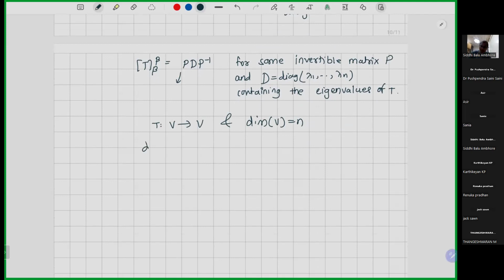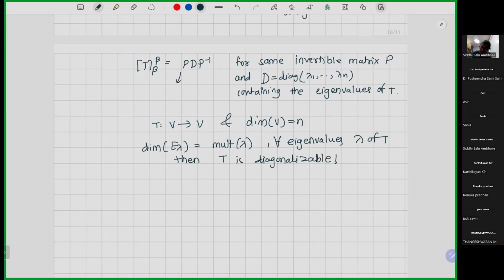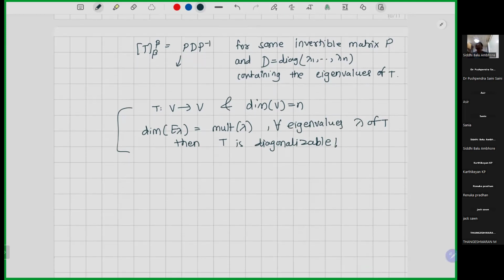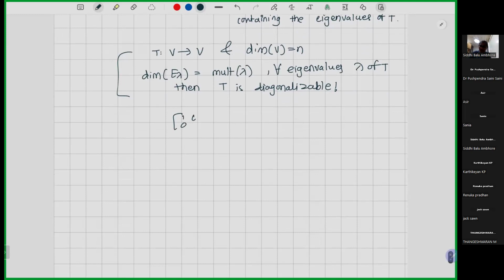If it is not distinct, then if the dimension of E lambda is equal to the multiplicity of lambda for all eigenvalues lambda of T, then T is diagonalizable. This is the main condition of T being diagonalizable. The dimension of E lambda means the dimension of the eigenspace corresponding to lambda, and multiplicity of lambda means how many times lambda is repeated. For example, for the identity matrix, the eigenvalues are 1, 1. There is only one distinct eigenvalue, but with multiplicity 2.